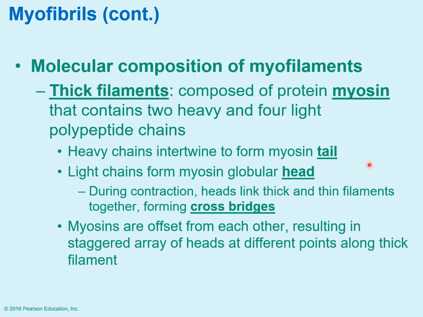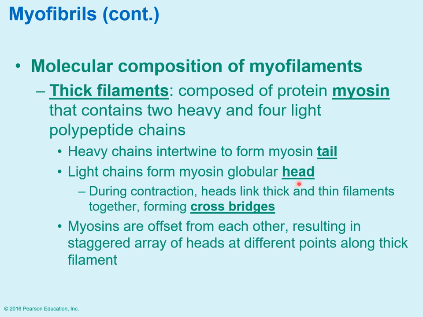The thick filaments are composed of a protein called myosin. You have these heavy chains and light chains that intertwine. The thing that you need to be mostly familiar with is that on the myosin there's a globular area that we refer to as the head.